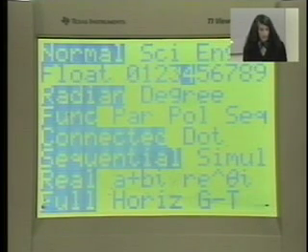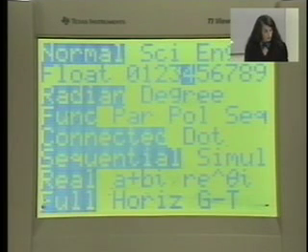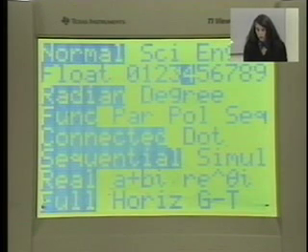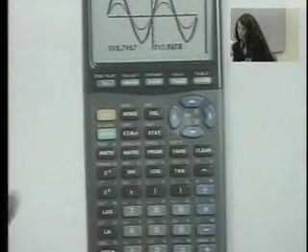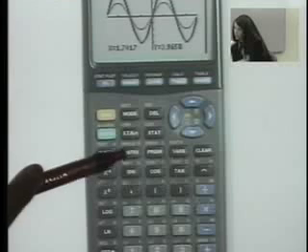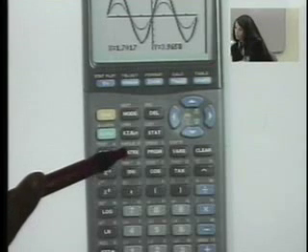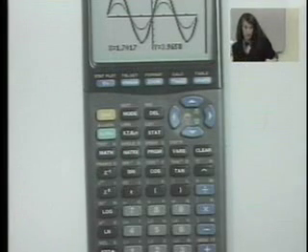Now you want to access the matrix key, which I didn't mention. If you look back at this keypad, the matrix key is right there. All right, so we're going to enter this as what's known as a matrix.